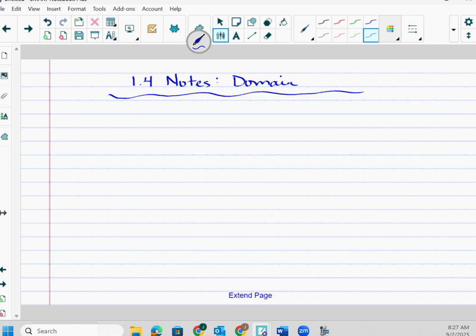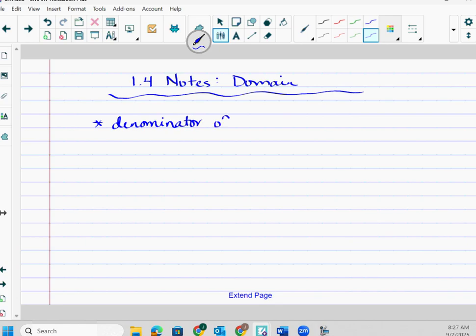All right, domain, is that x or y values? X values, okay, we know that. When we're dealing with domain algebraically, there's really just 2 things you have to worry about, 2 things that will cause restrictions on your domain. So those 2 things are denominators of fractions.